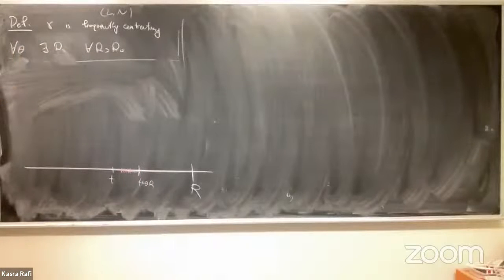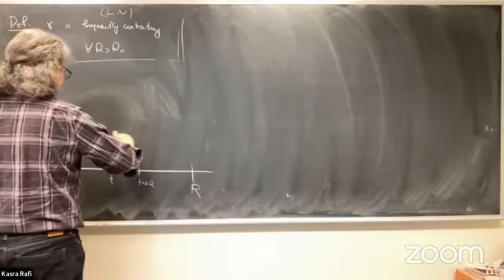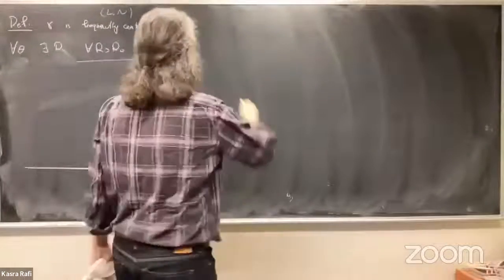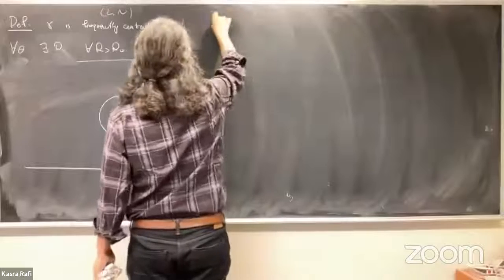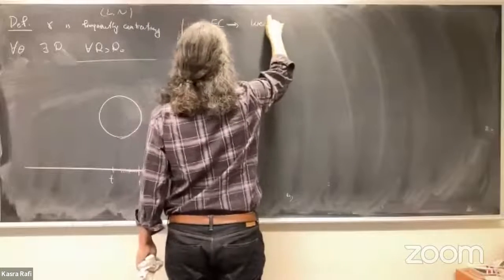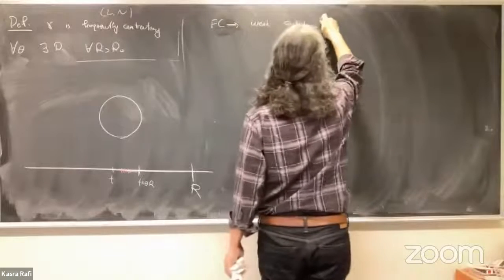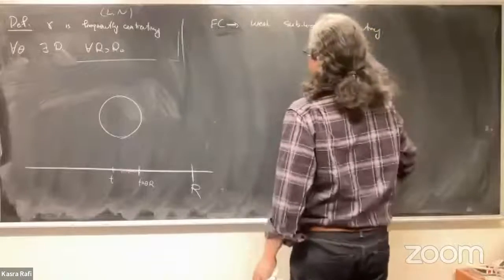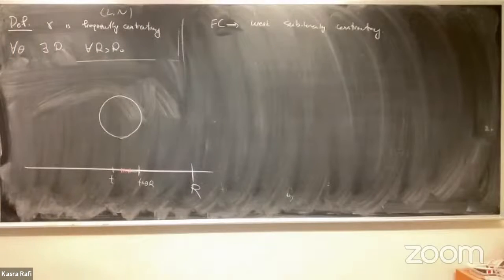So why does that prove sublinearly contracting? Well, assume you are not sublinearly contracting. So I want to say that frequently contracting implies weak sublinearly contracting. Why is that?